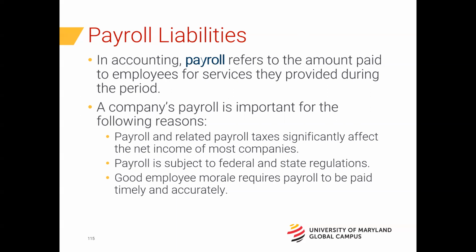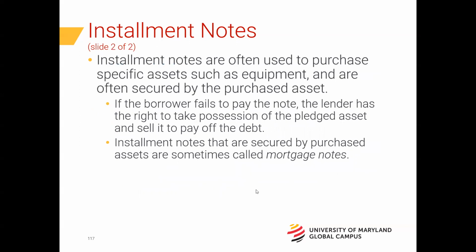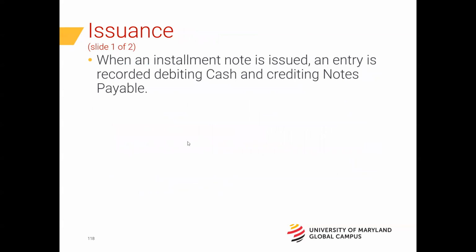These are all accrued in a current fashion. Installment notes, another form of current liability. Installment notes is a portion of the initial principal that we pay up front. It's not as common, but they do happen. When an installment note is issued, the entry is we debit cash, credit notes payable.